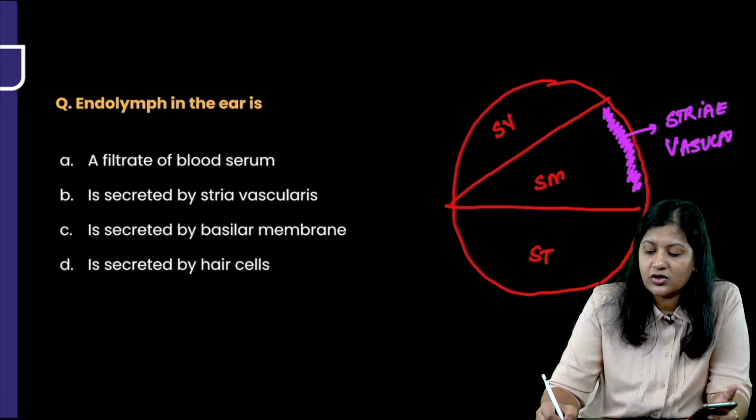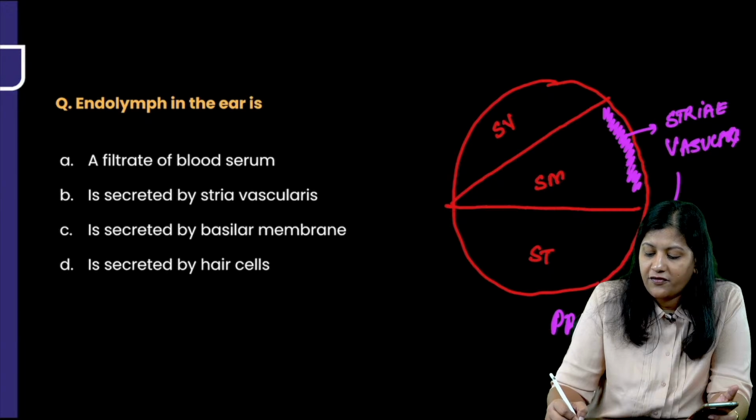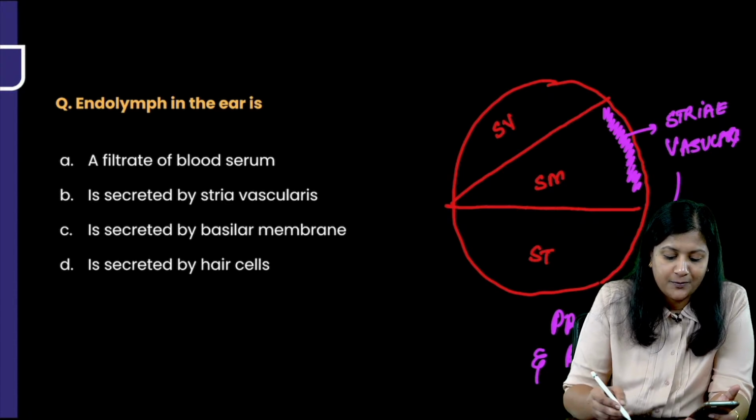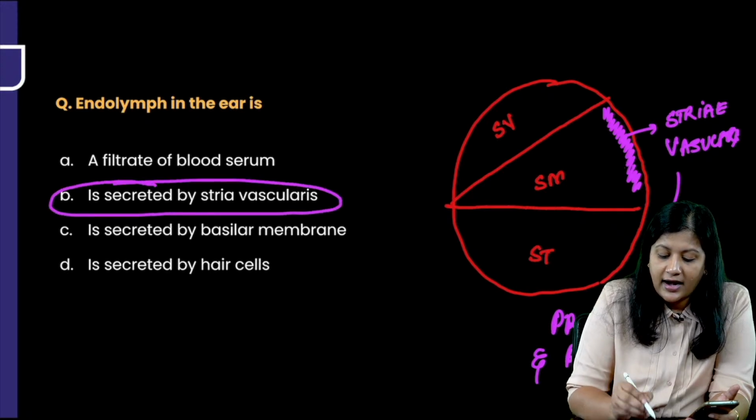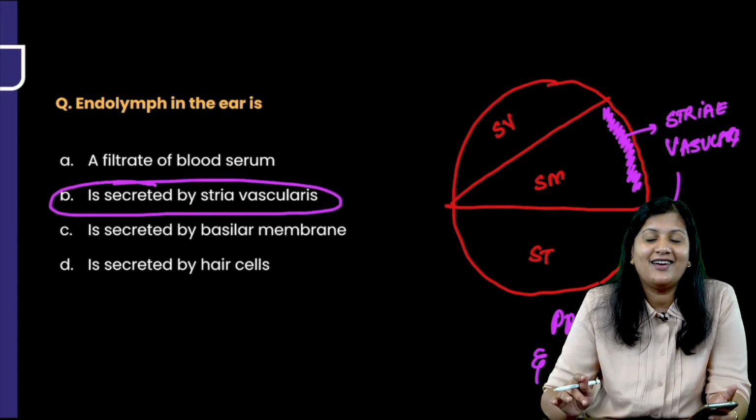This stria vascularis is responsible for both production of endolymph and also reabsorption of endolymph. So production and reabsorption of your endolymph is done by your stria vascularis. So this is your correct answer. It is produced and reabsorbed by the stria vascularis.